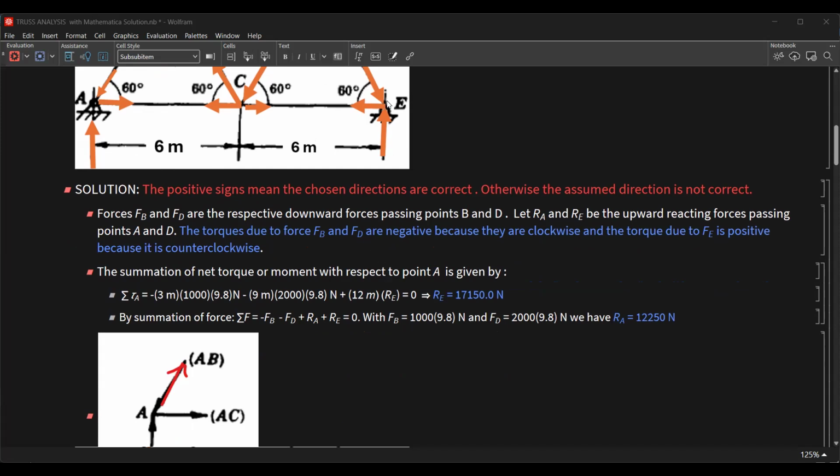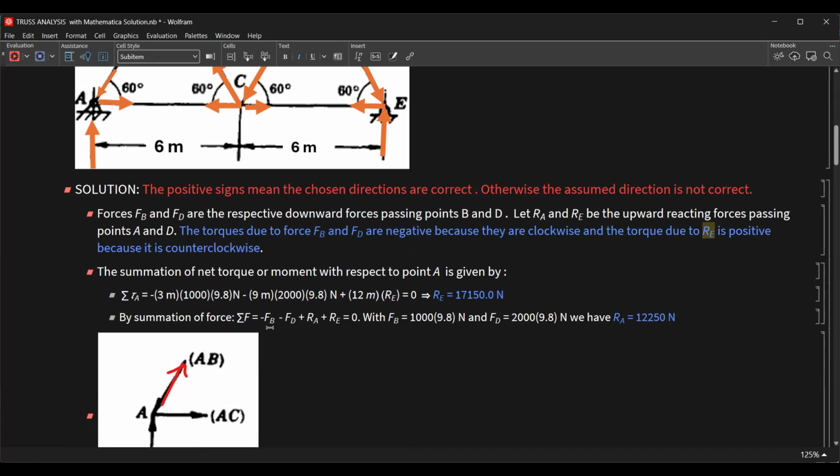So RE is the reacting force at point E. And so we solve for RE here, 7,150 newtons.